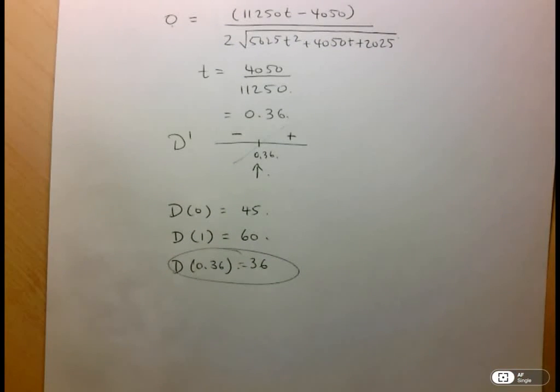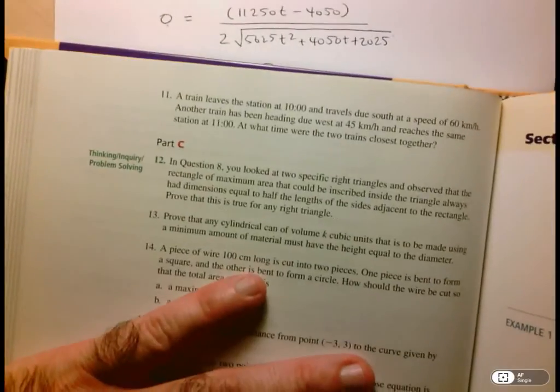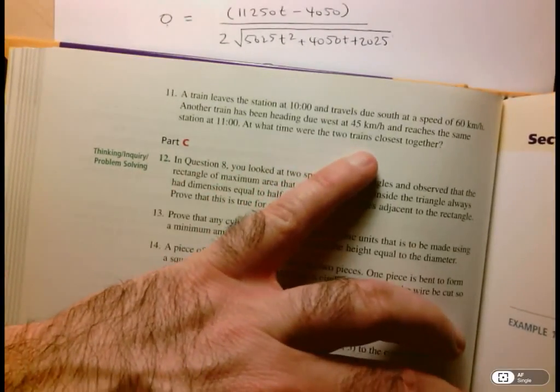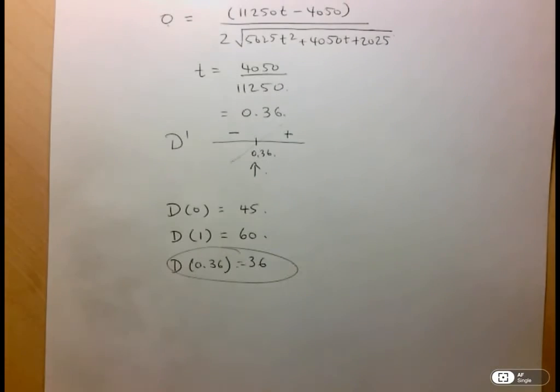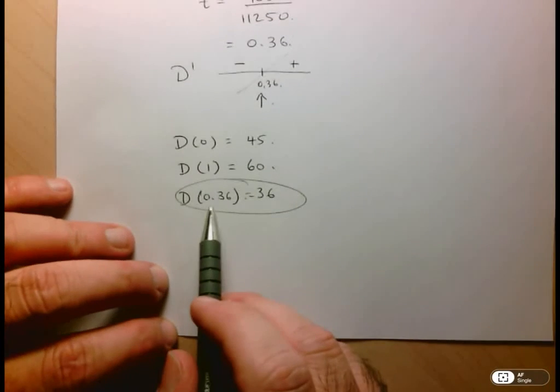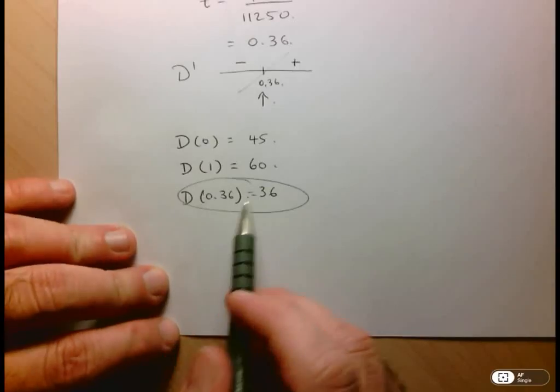Now let's actually go back to the question and see what they're actually looking for. It says, at what time were the two trains closest together? We haven't actually answered the question here. It takes 0.36 hours, so it's going to be 10 o'clock plus 0.36 hours.